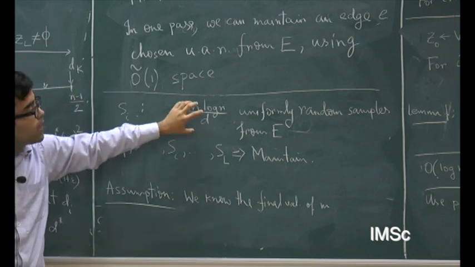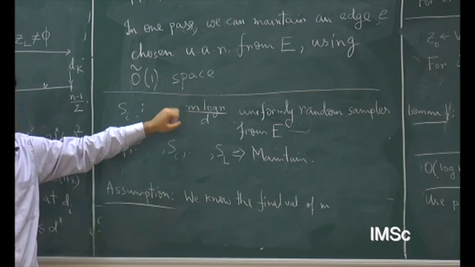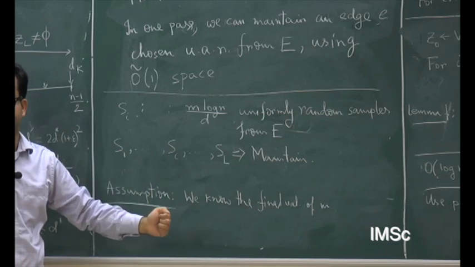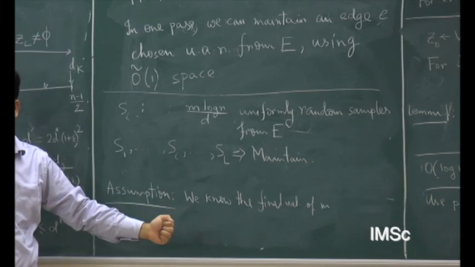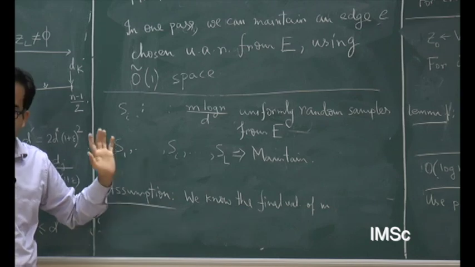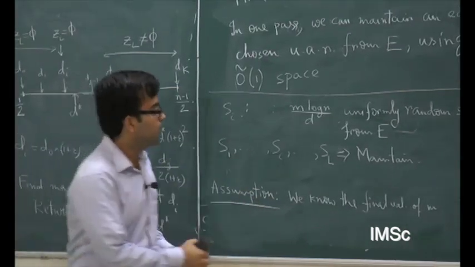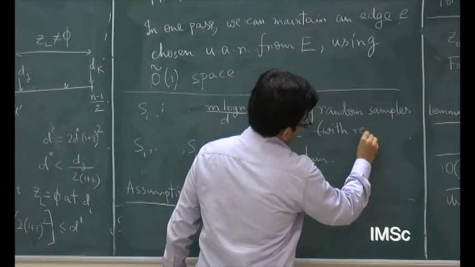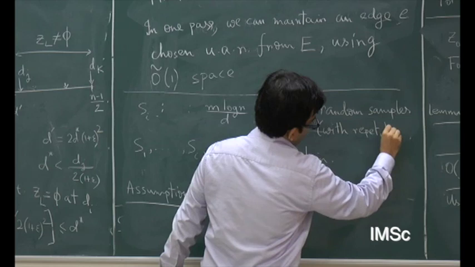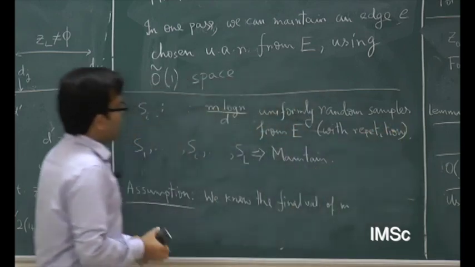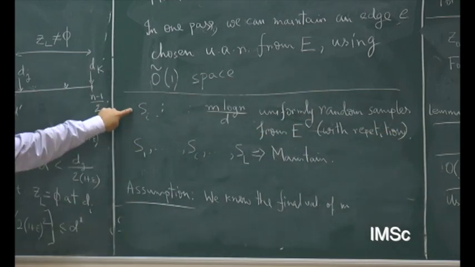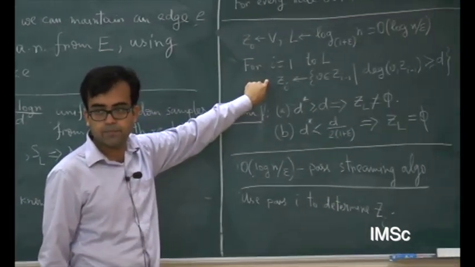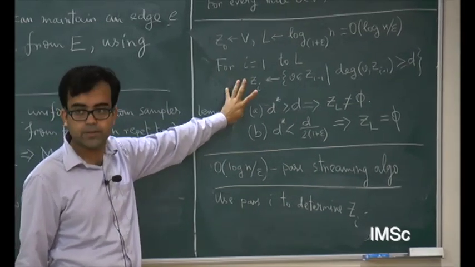As if you are picking m log n over d samples uniformly at random with repetition from E. Is this clear what is going on? This is with repetition. And we will use the samples in Si to determine our set Zi. How? We will come to that later on.